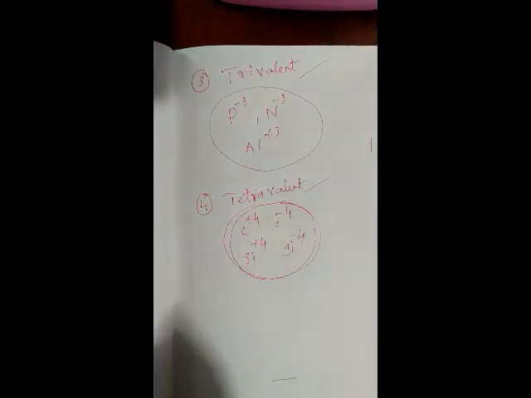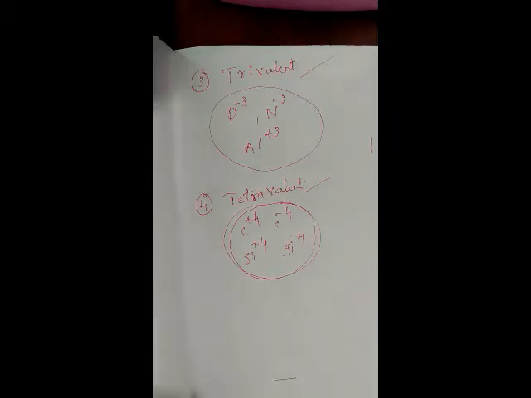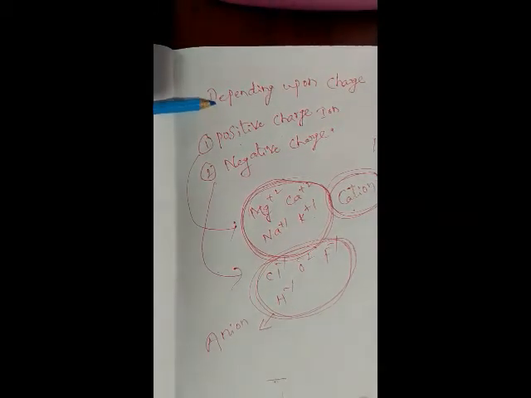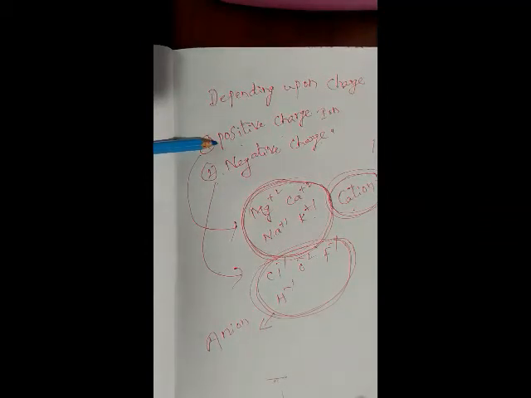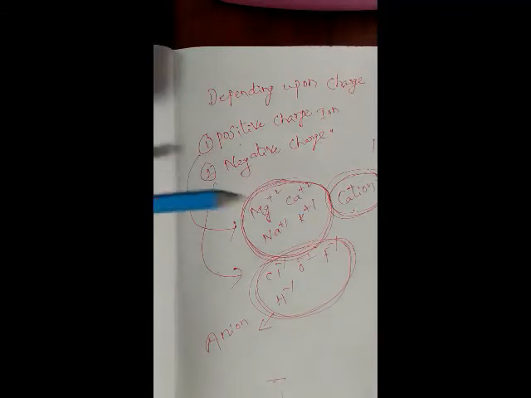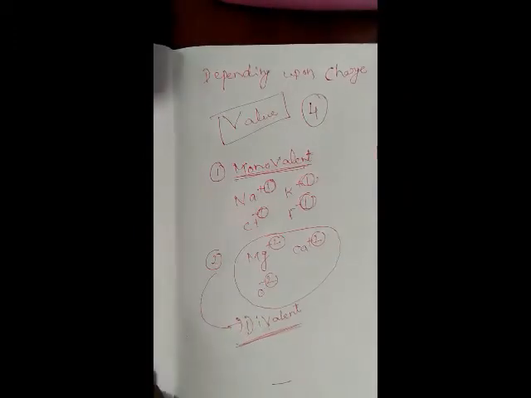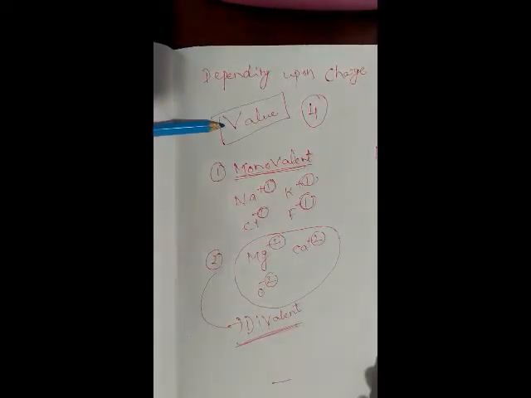One more time, see here. Depending upon the charge, positive charge ions or radicals are known as cations, and negative charge radicals or ions are known as anions. Next, depending upon the charge value, the ions are 4 types.